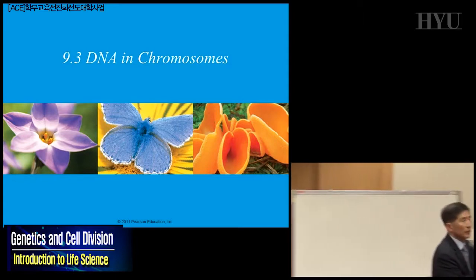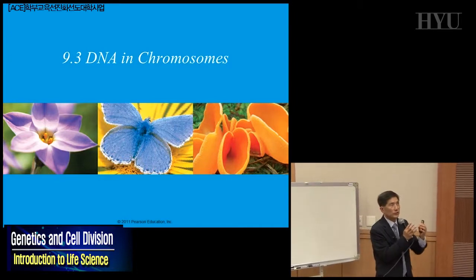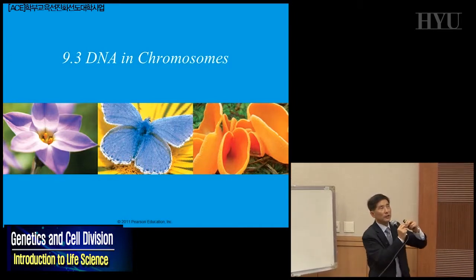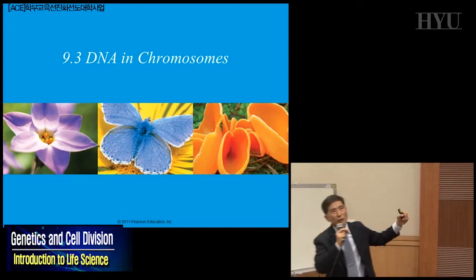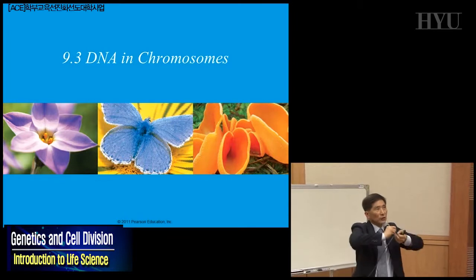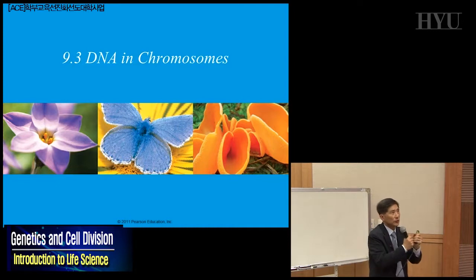But DNA in our cell can have some different structures other than just the double helix. Because the double helix is too long, it's too much information. You have to put it in a small nucleus. What do you have to do? You have to somehow pack this DNA strand.